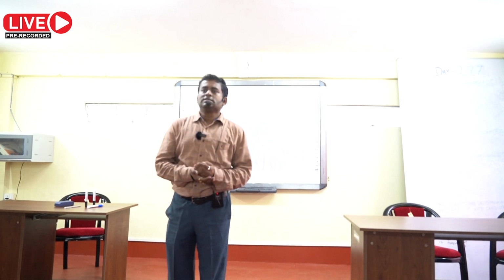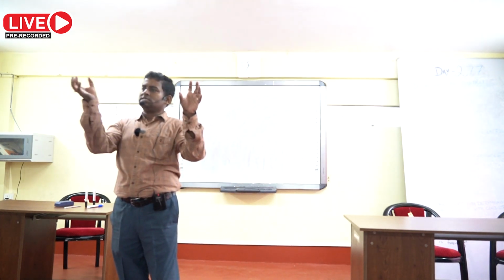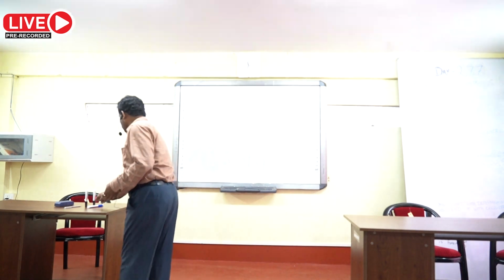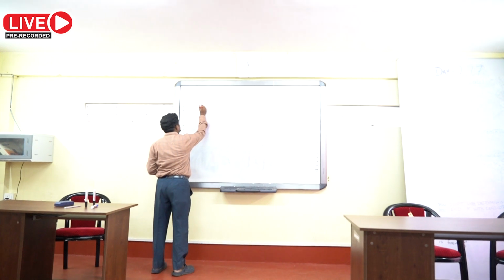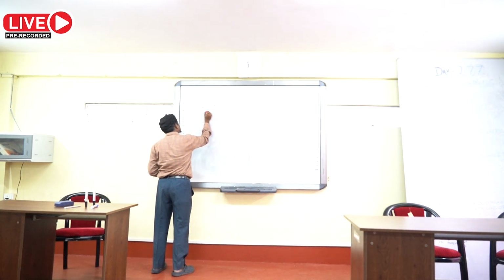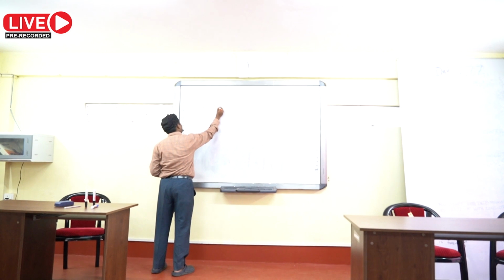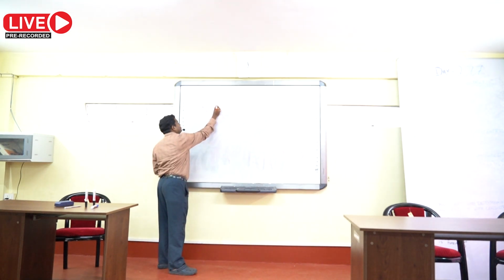Now we consider there are two objects, one is there, the other is moving. Okay, fine. So I consider two objects, this of mass m1 and this of mass m2. I consider both of them moving along the same direction, so no need to take vectors. m1, m2.